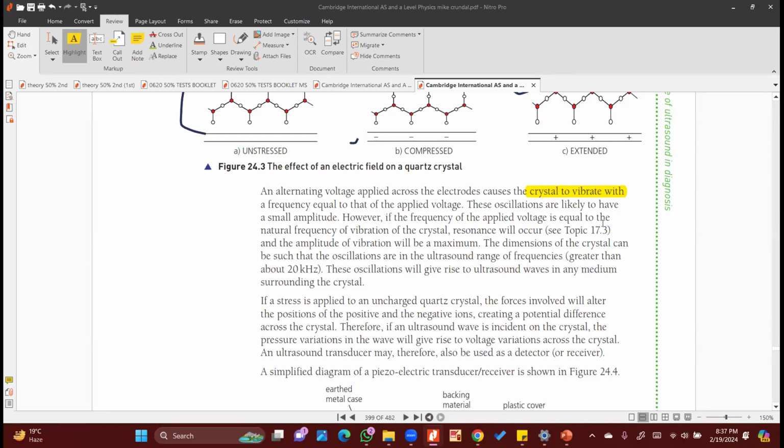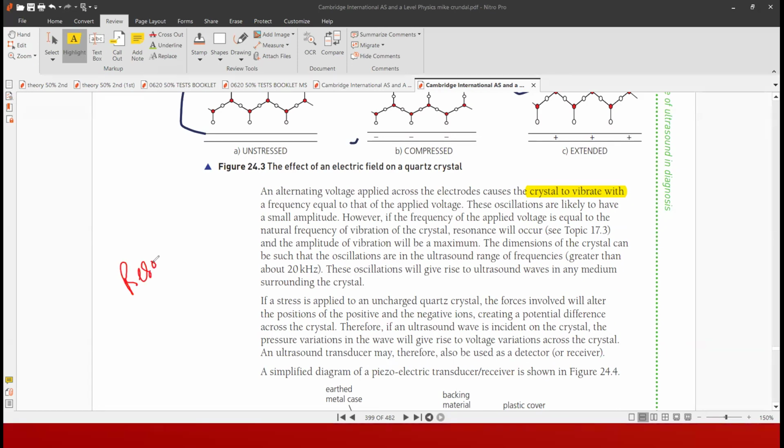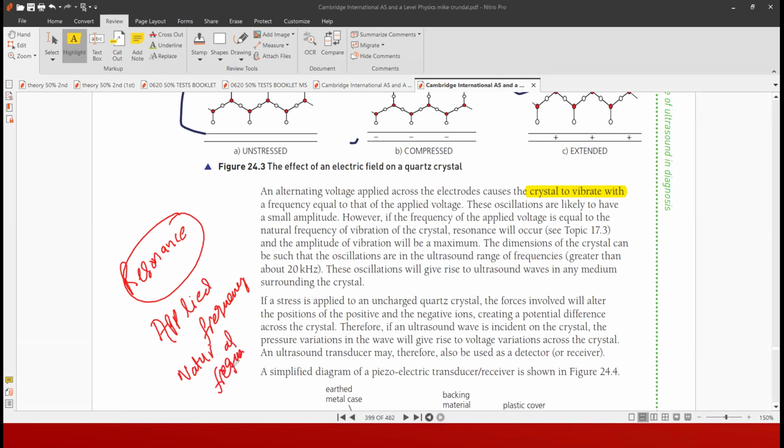Let me ask you to recall the phenomenon of resonance, we studied it. What is resonance? Resonance is when the applied frequency becomes equal to the natural frequency of the object.